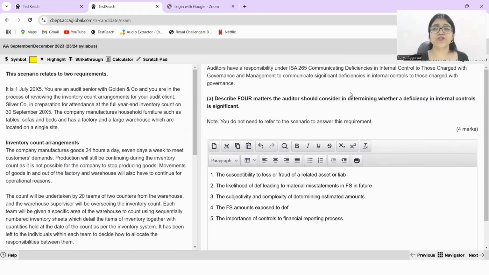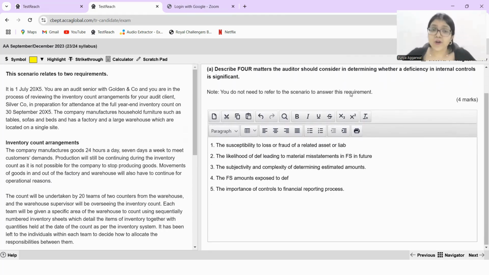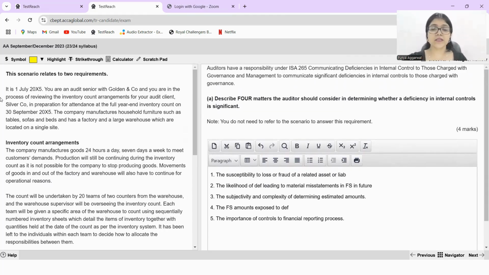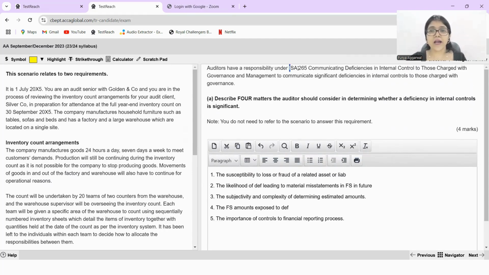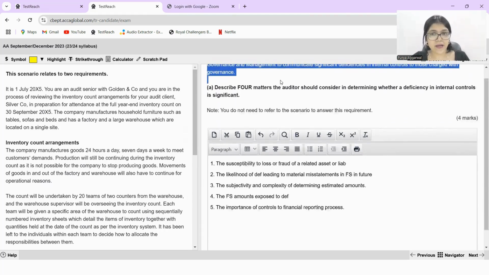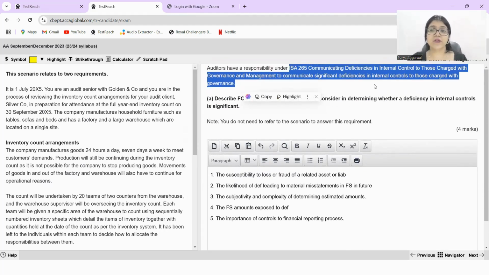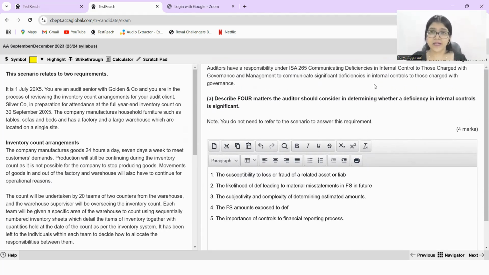I think we have seen this question a lot of times now. By now, you should be familiar with this question at least. This question says that you need to describe, so basically, we have ISA 265, communicating deficiencies in internal controls to those charged with governance and management, to communicate the significant deficiencies to the TCWG.